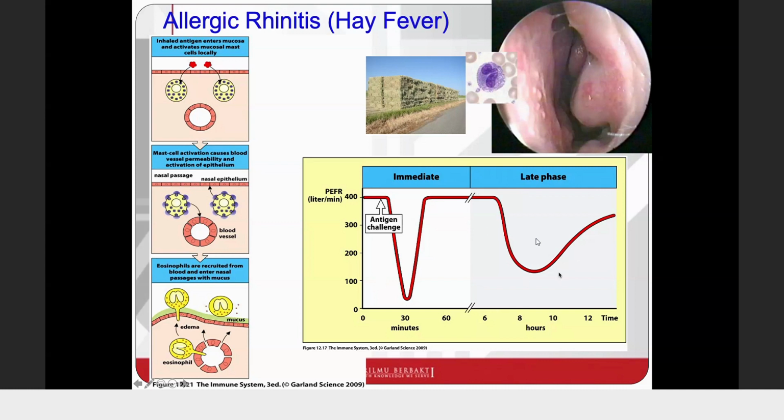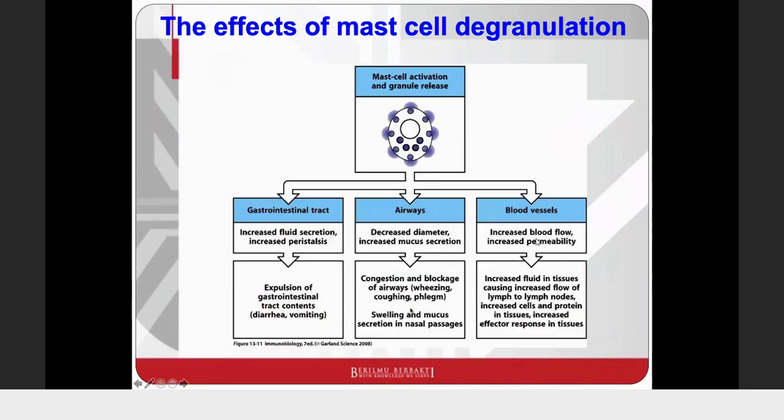These are all the molecules that are released after the activation of mast cells or eosinophils. These molecules have different effects on different organs, but basically these are the effects that are also seen in parasitic infestation.